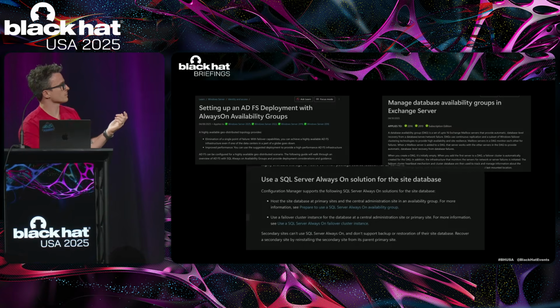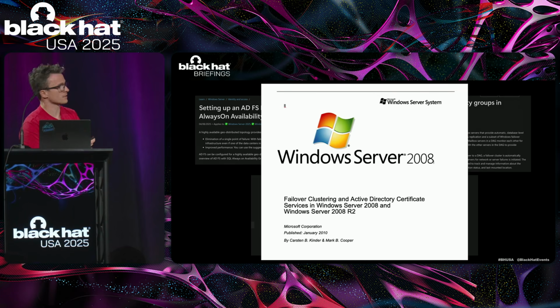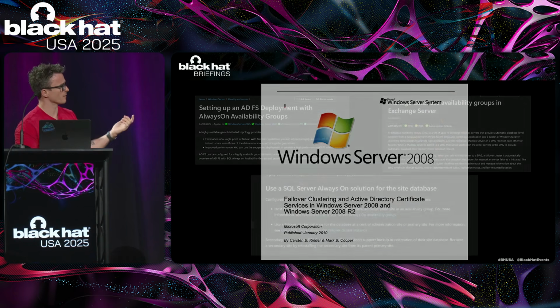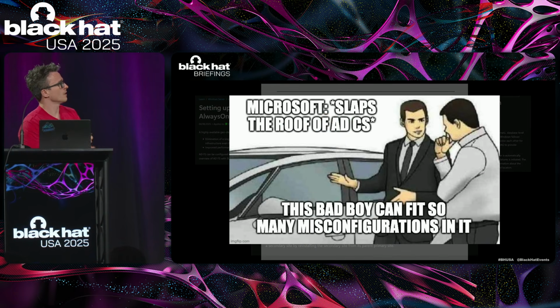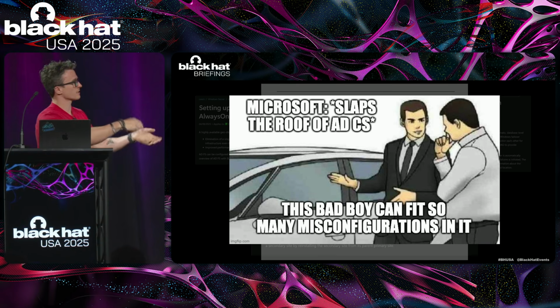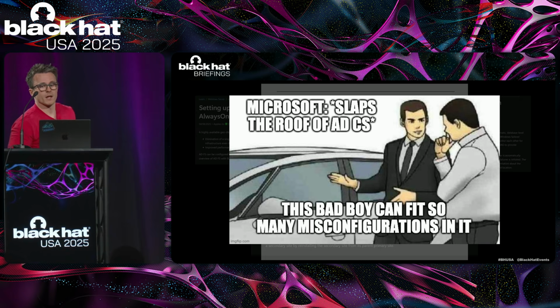And the last one to share, because this one's interesting, is that there's even Microsoft published documentation for clustering ADCS, or Active Directory Certificate Services. 4 years ago, this was presented here at Black Hat by Will Schroeder and Lee Christensen, with their talk Certified Pre-Owned. At the time, they published 8 ESCs. I think we're approaching almost 20 at this point. But they're actually clustering this service as well, which is interesting.